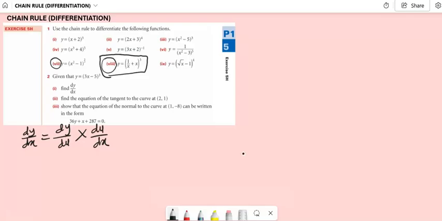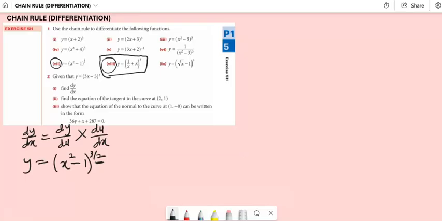Now, for number 7, I have y is equal to x raised to the power of 2 minus 1, exponent of 3 over 2. You can see that it is not possible for me to get rid of this particular bracket because I have to consider this exponent of 3 over 2.